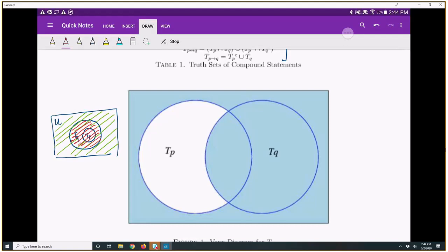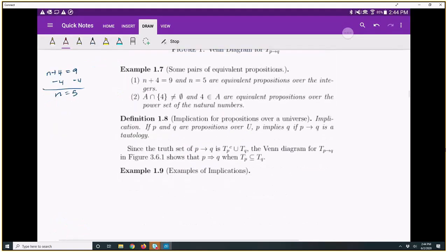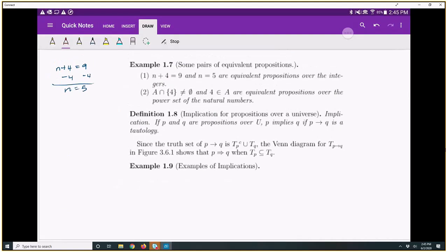So the only way to say that the if-then statement is an implication with the double arrow is for it to be a tautology, and that occurs when the truth set of P is contained inside the truth set of Q.